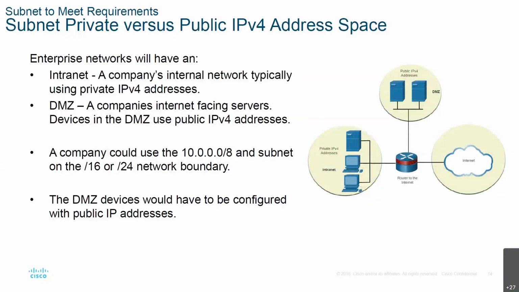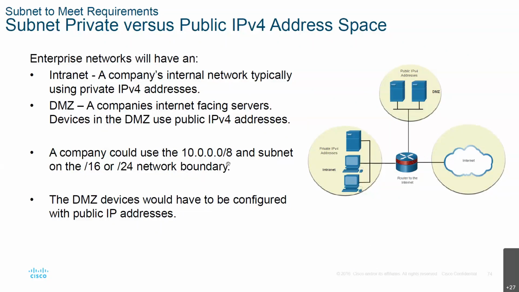Usually an enterprise network will have its internal network. It will have a public address network known as DMZ, where you have your public addresses, and you will have a router and firewall to the internet. So we can say that a company could use a 10.0.0.0 IP address /8.